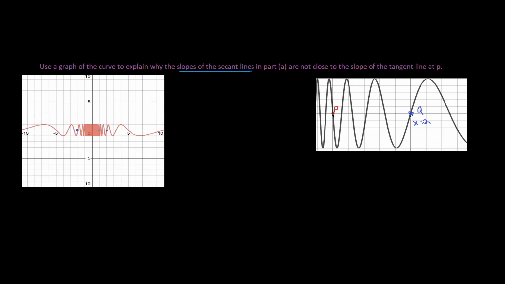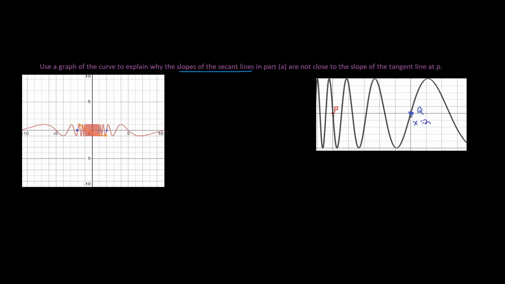And so let me put another slope of the secant line. So let's say we had something like this. We might have, like, even if I draw something here, it would be outrageous. So like, we might have a point like this somewhere here and somewhere over here.